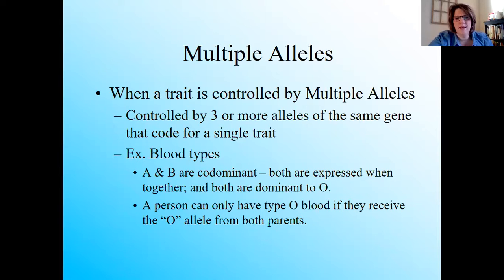And so a good example of this is blood type. And actually, blood type is a little bit complicated because it's controlled by multiple alleles, and there's also codominance. But for simplicity's sake, just go ahead and write the definition. So multiple alleles is when there's three or more alleles.